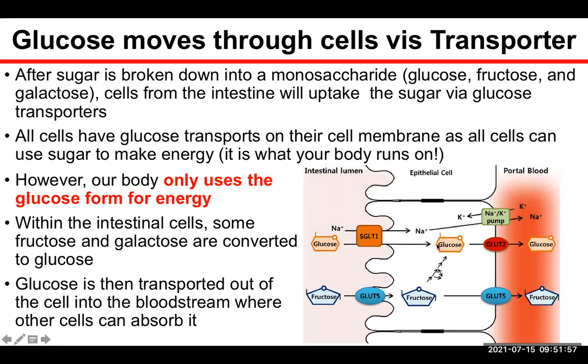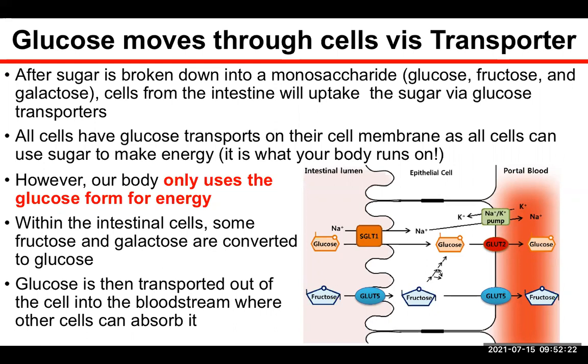A lot of the time, what's going to end up happening is your cells are going to convert any molecule, so fructose or galactose, into glucose, but it's not going to do all of it. It's going to do some of it. After it converts most of it into glucose, it's going to secrete it into the bloodstream so other cells can go ahead and pick it up.